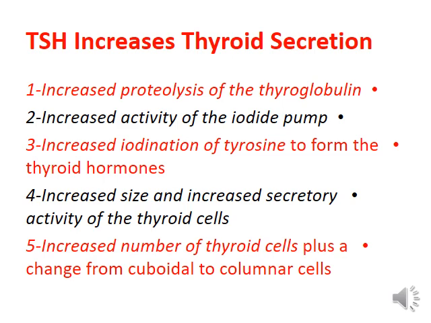The second step is increasing the activity of the iodide pump, NIS, which was discussed earlier, and the third step is increasing the iodination of tyrosine. This is the organification. The fourth step is increasing the size and secretory activity of thyroid cells. Also, the number of thyroid cells will be increased.